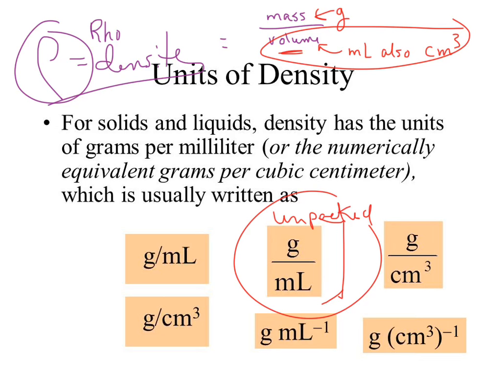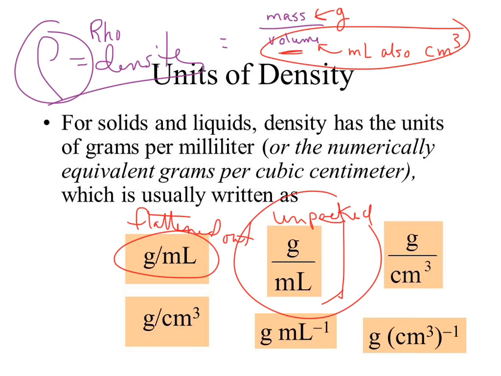So per is always like a little divisor. This one right here is the flattened out one. But do you see where they're the same thing? And this third one says instead of milliliters, I'm going to go with centimeters cubed. Remember, to get the volume of anything that's boxy, you can take the length, the height, and the width of that box times each other.